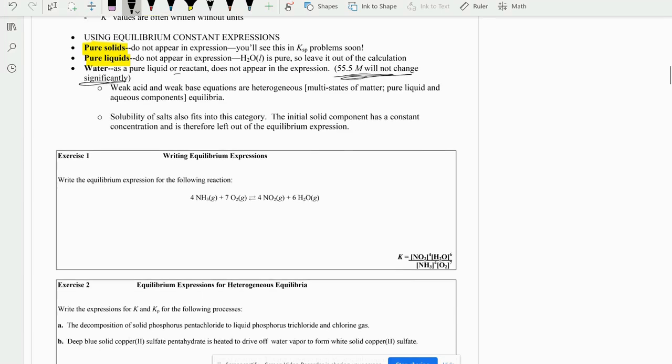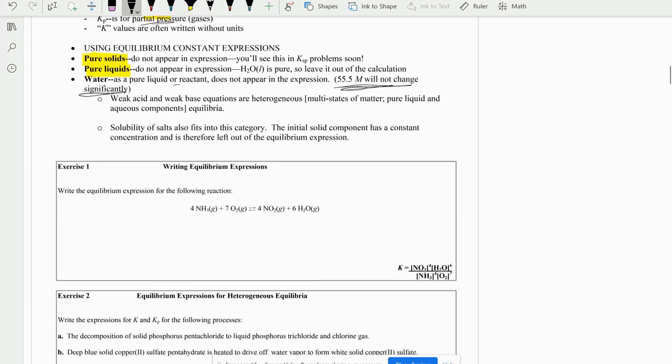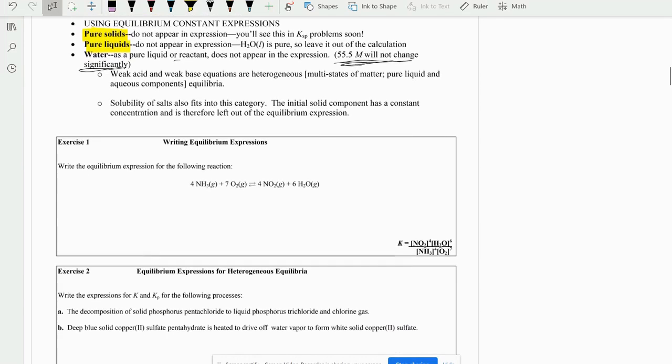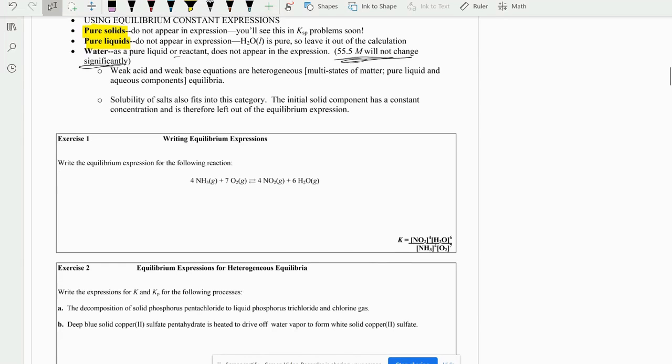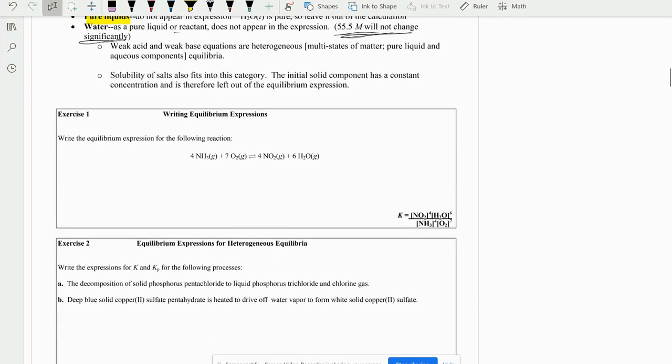All right, let's read a couple other tidbits about the equilibrium constant, and then we'll do some practice problems. Remember, if you could do the practice problems ahead of me before I get there, that would be wonderful. All right. Weak acid and weak base equations are heterogeneous, multiple states of matter, pure liquid and aqueous components equilibrium.